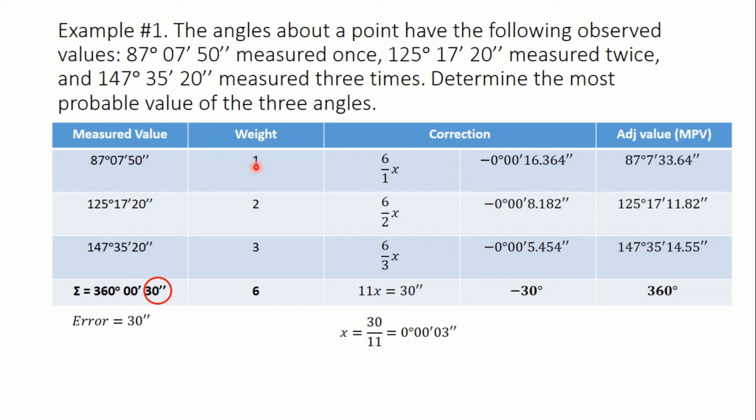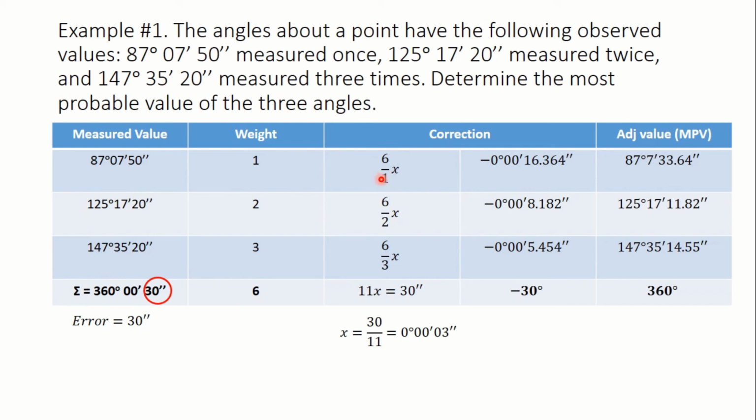Okay? So, ang weight, measured once, so 1. Measured twice, so 2. Measured 3 times, 3. I-add natin yung mga weights, 6. Okay? So, kailangan i-proportion natin yung correction. So, 6 yung total na weight. Ito yung numerator natin.